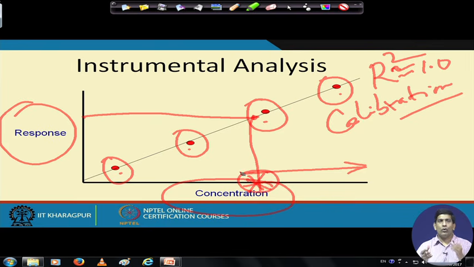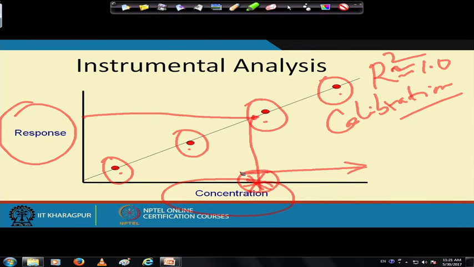And this is there for each and every instrument. It is the basic principle of having this calibration curve and getting this response.